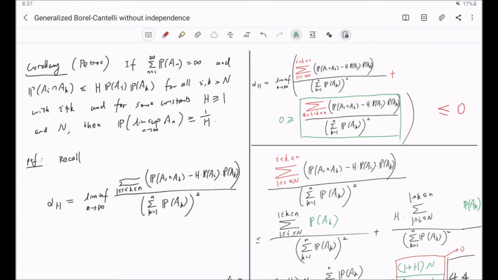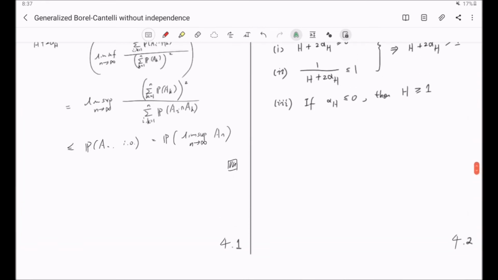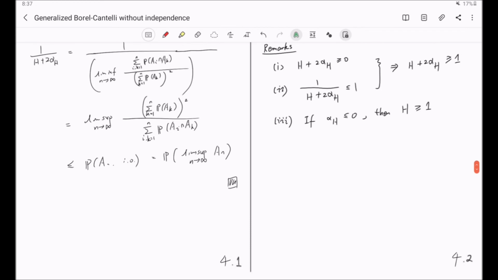And with this conclusion, let us move back to the proof of this corollary. Now we are going to use the remarks we made earlier. From the remarks above, since now outside h is non-positive, then h is greater or equal to 1 automatically.